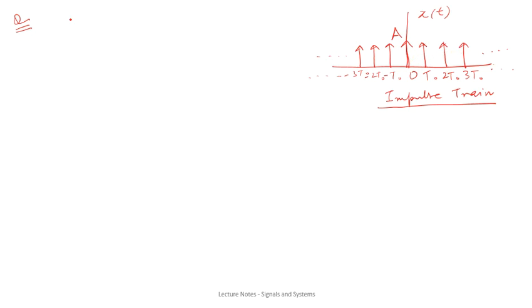Now the question is that you have to find the exponential Fourier series for this given signal and sketch the corresponding spectrum for the impulse train. The impulse train is given to you, x(t) equals delta(t).